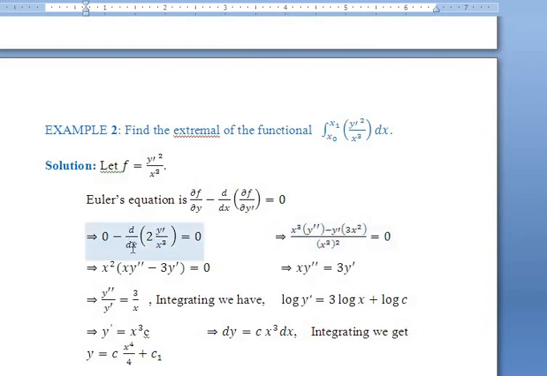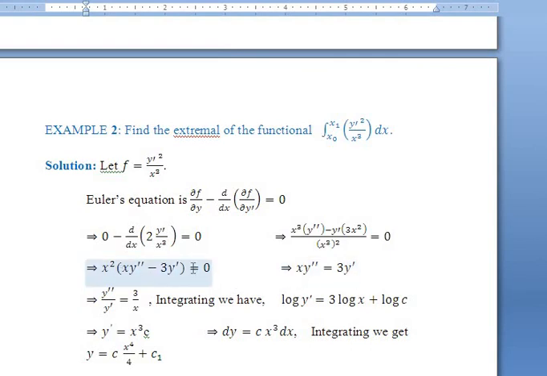Simplifying, we get x y double dash minus 3y dash equal to 0.